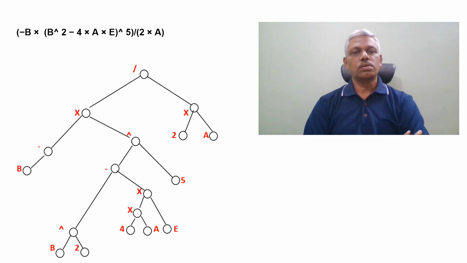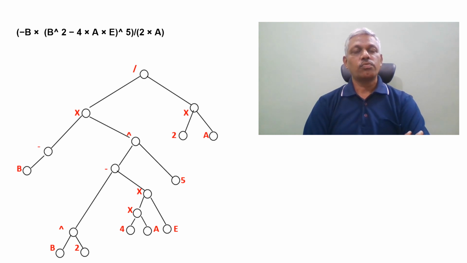Then 4 and A are multiplied first, so 4 and A are leaf nodes, multiplication is done, and the output is multiplied with E. Then subtraction of these two expressions is done at the parent level, and this completes the innermost bracket.